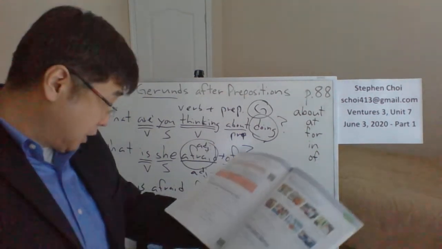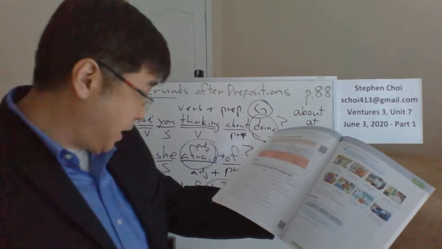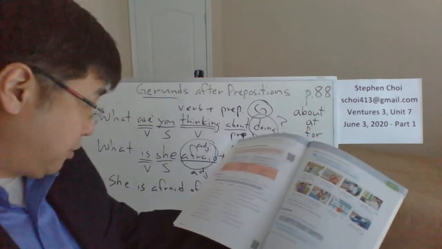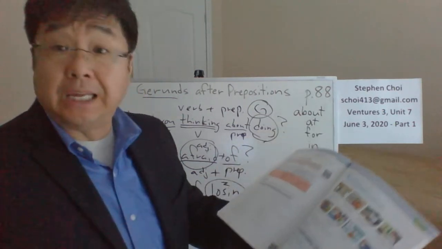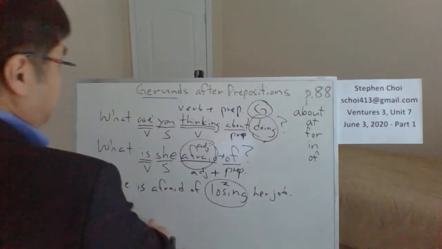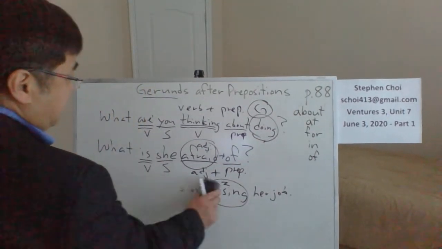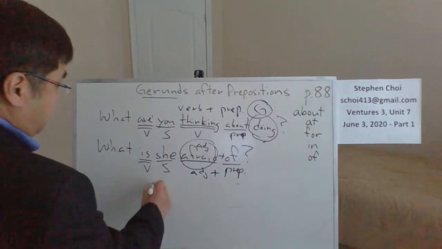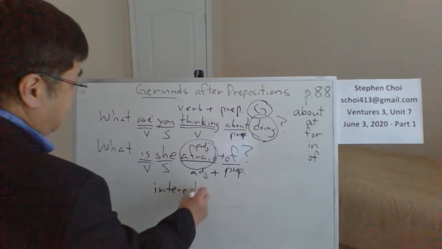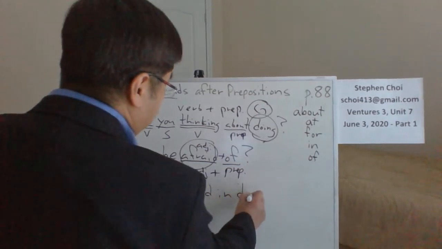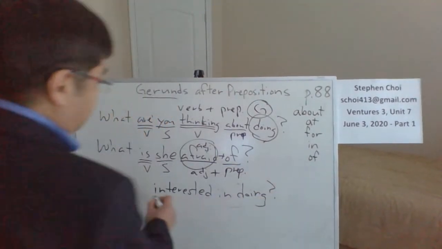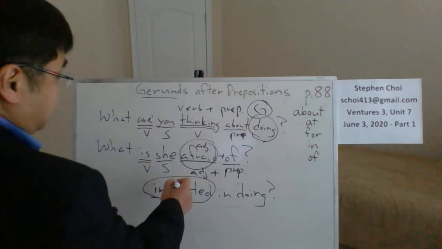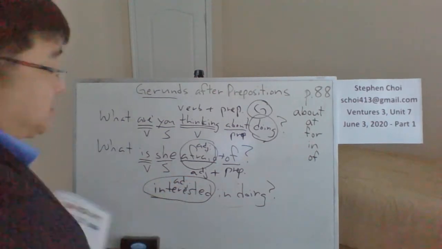The last one is the same thing: an adjective and preposition followed by a gerund. What are they interested in doing? I'm not going to write the whole sentence. Interested in that sentence is an adjective, not the verb.